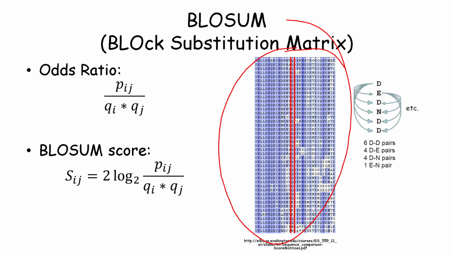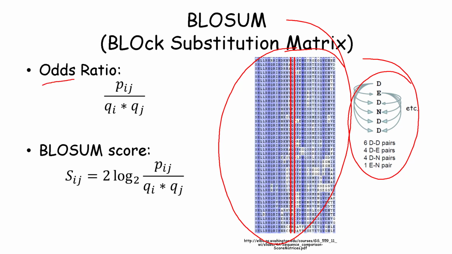The idea is to use this blocks dataset to quantify, for any pair of amino acids, how associated or favorable they are. For each block, we first count the frequency of observing each of the different pairs of amino acids. We also count the background frequencies of each amino acid.